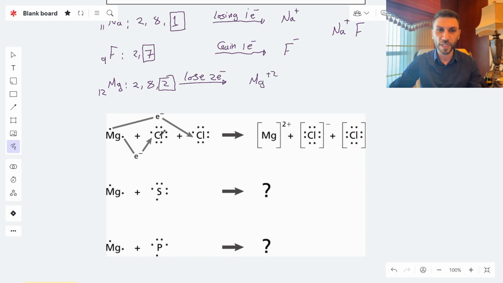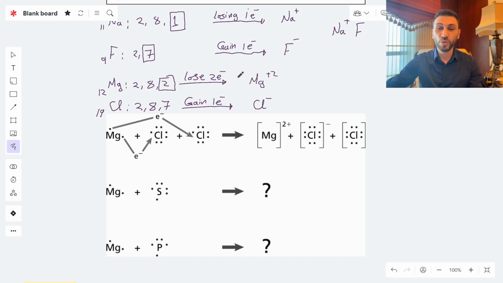And we have the chlorine atom, Cl, from the periodic table. It has 17 electrons, so it's going to be 2, 8, and 7. It's going to gain 1 electron to become Cl negative 1.